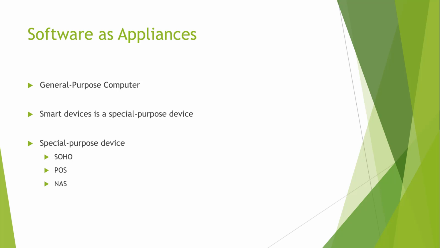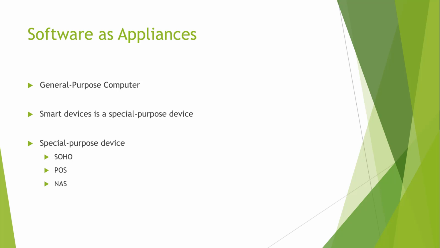Yes, you may be able to browse Facebook from your refrigerator, but it's not as easy to install an application that might do more complex computations. That ability to install software is what denotes general purpose as opposed to special purpose.